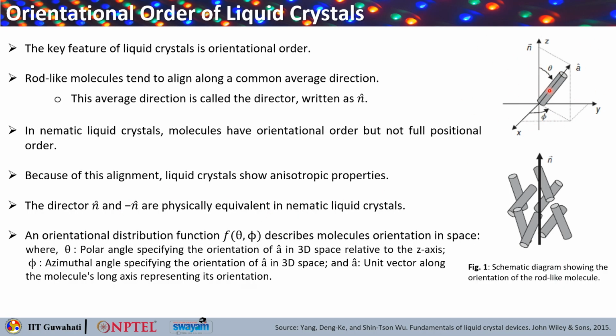Theta is the polar angle that specifies the orientation of this axis vector a cap in 3D space with respect to the z axis. Phi is the azimuthal angle that specifies the orientation of the projection of this vector in the xy plane, measured from the x axis. And what is this a cap? This is the unit vector along the long axis of the molecule.